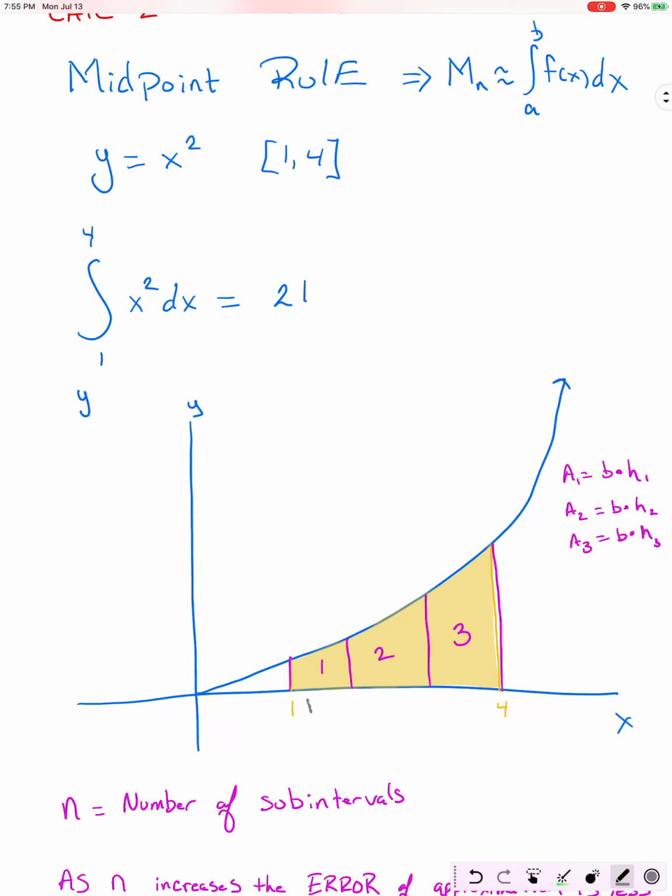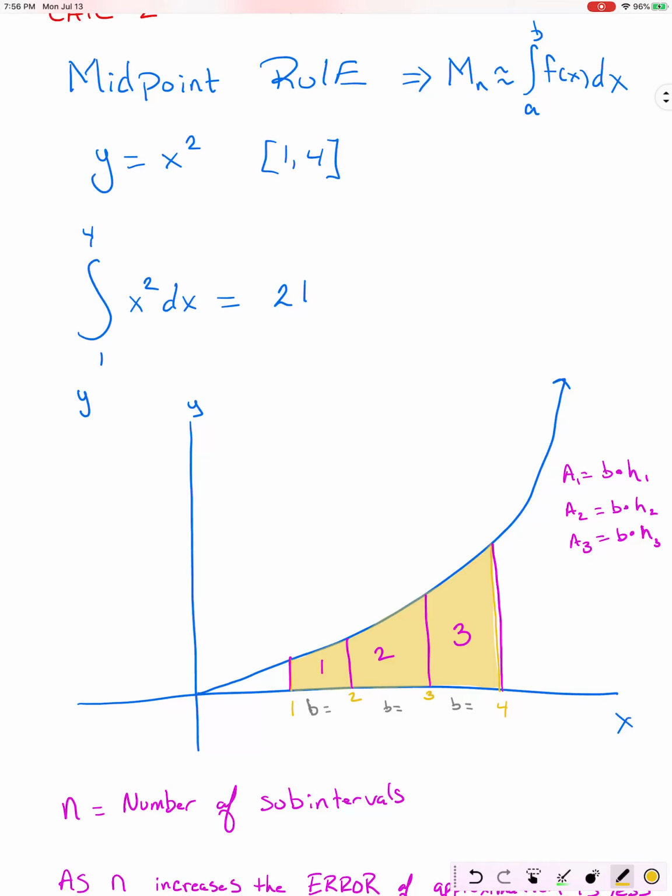Now the first thing I want to point out is that the base of the rectangles is the same. The reason is I've chosen the width or the base to be exactly the same on the interval of x. If I filled in the rest of the numbers, this would be 2, this would be 3, and we already had 4.